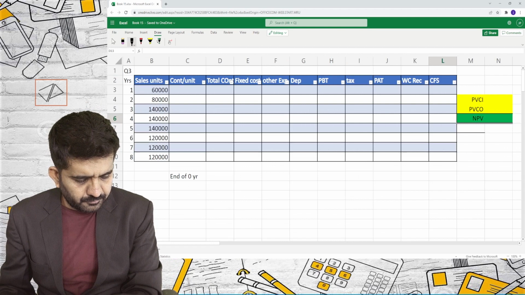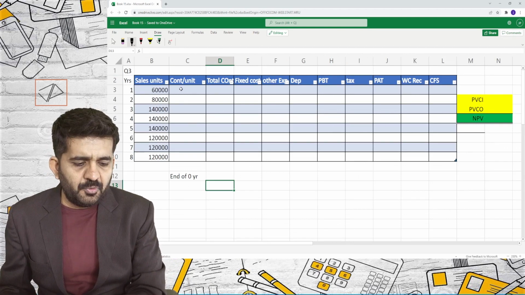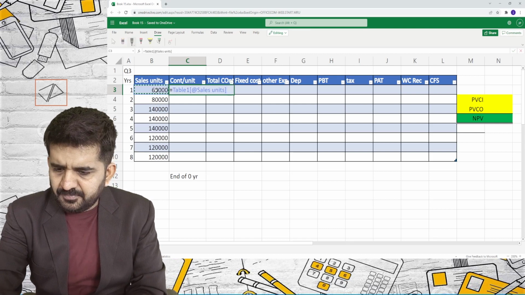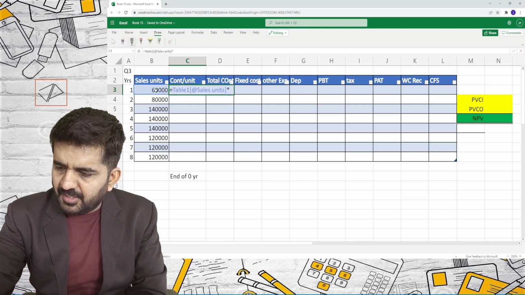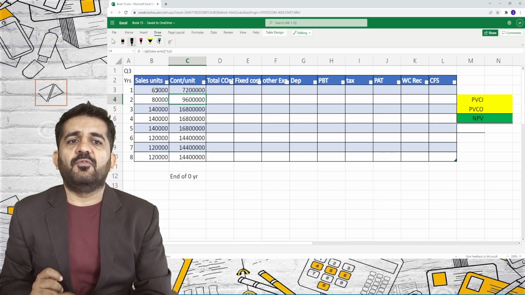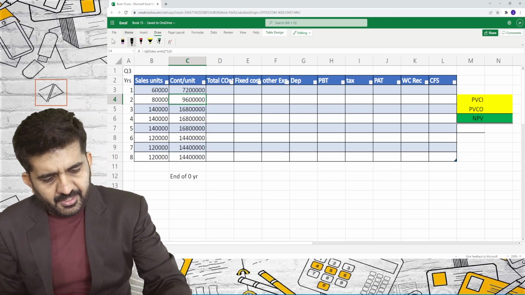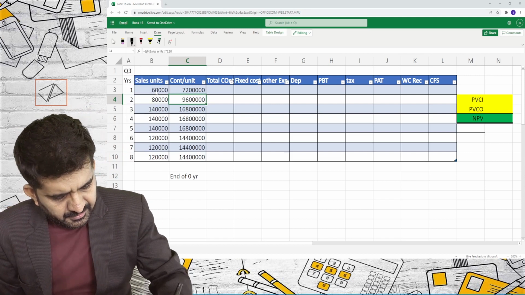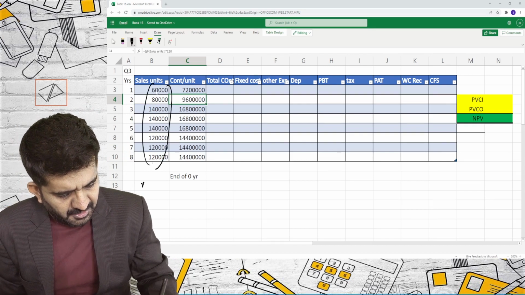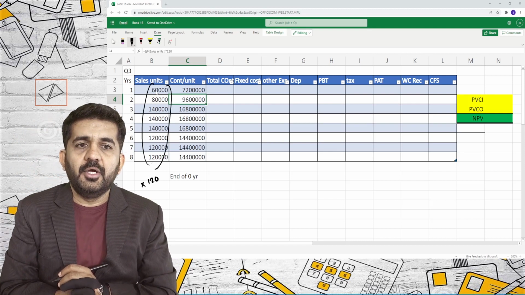So I have sales units. I know contribution per unit is 120. So I can just do this column multiplied by 120. I will get the contribution for all 8 years.